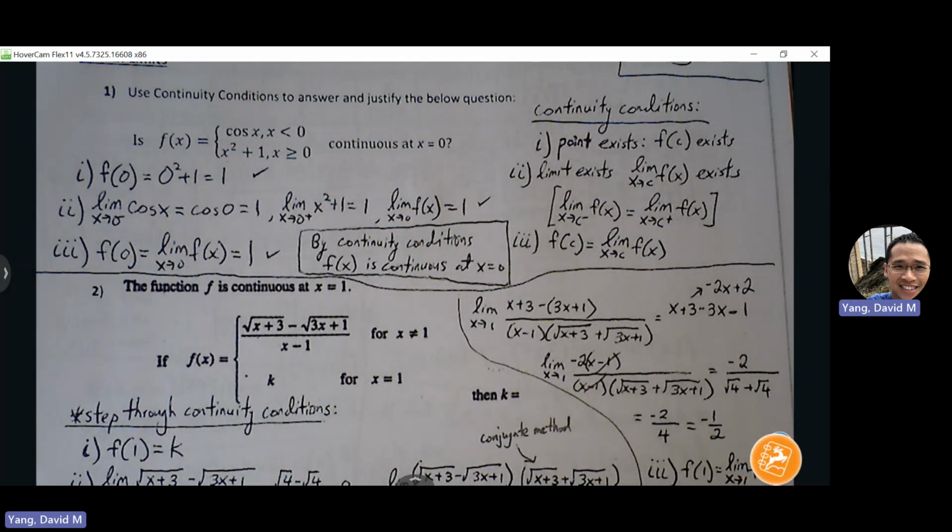Number 2 is also continuity conditions, but you have to find the limit of that expression. And if you don't remember the conjugate method, you could also go through L'Hopital's rule.